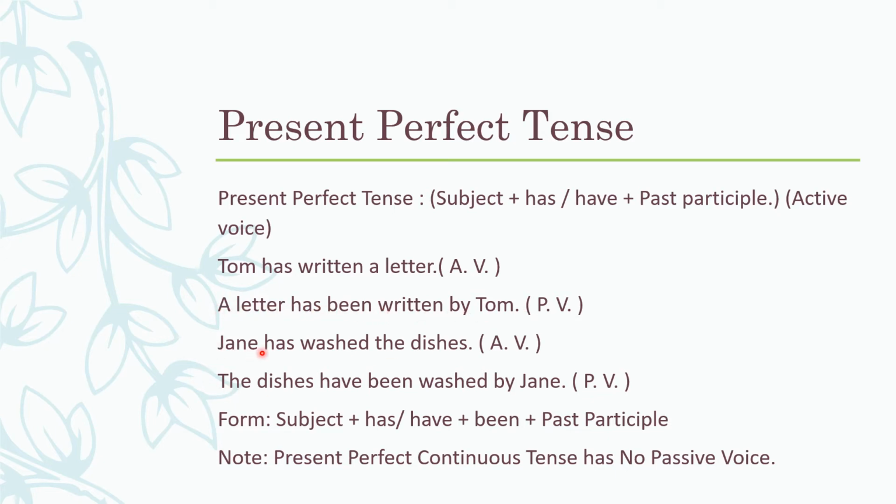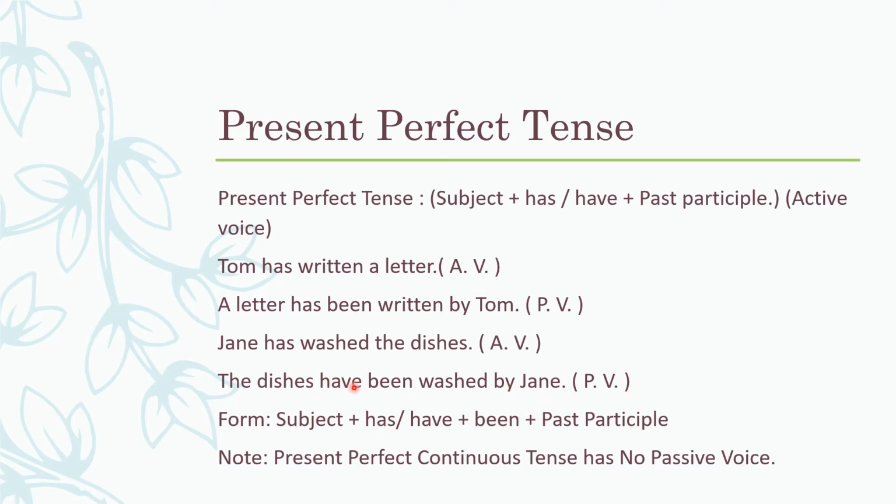The next example: Jane has washed the dishes. This is in the active voice. See, subject, has, this is the past participle, and this is the object. The object in the active voice becomes the subject in the passive voice, and the subject in the active voice becomes the object in the passive voice preceding by.